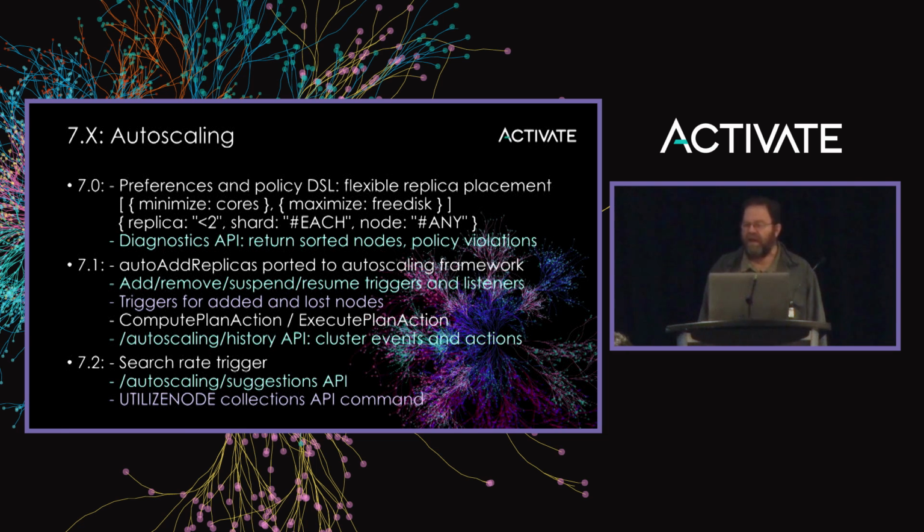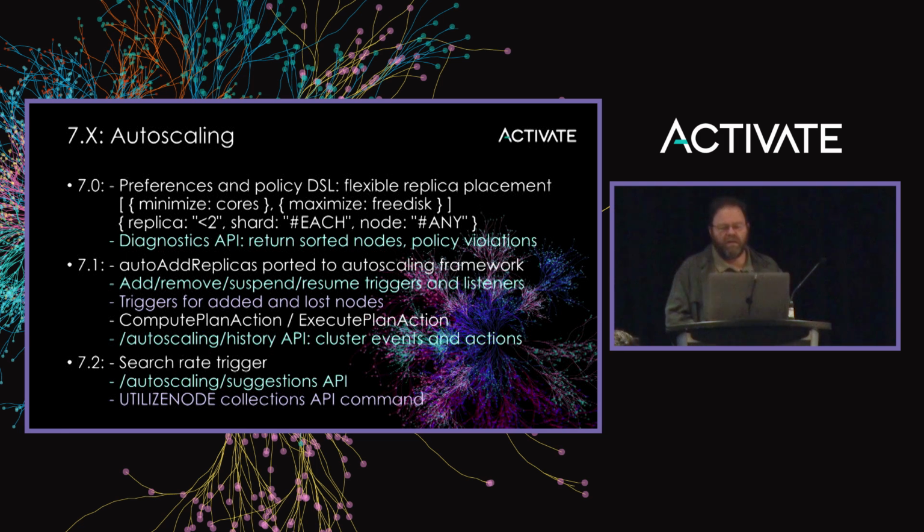If there were nodes that have the same number of cores, then they would be sorted according to the ones with the most free disk first as a tiebreaker. The diagnostics API also lists policy violations. So for each of the rules you've defined in your policy, it will tell you which ones are currently not being met, and that's termed a violation.